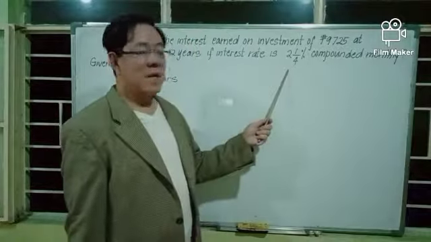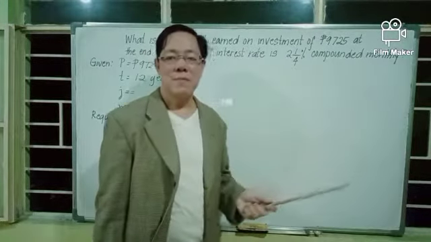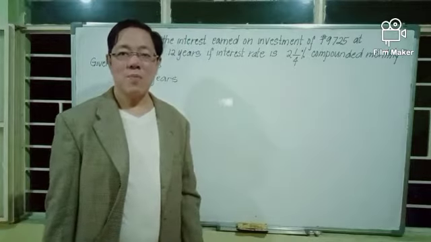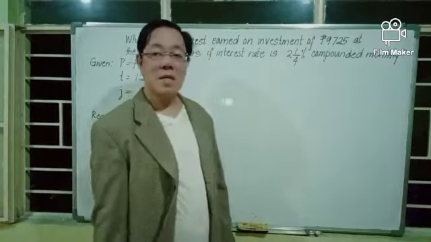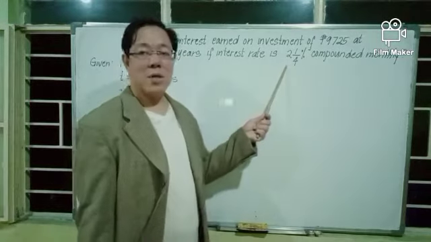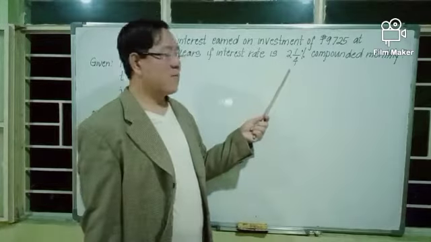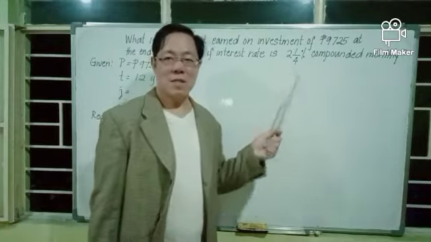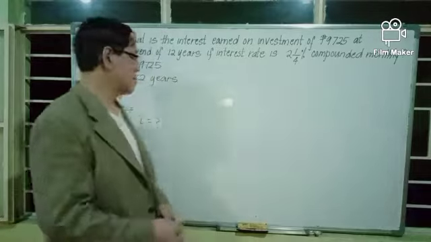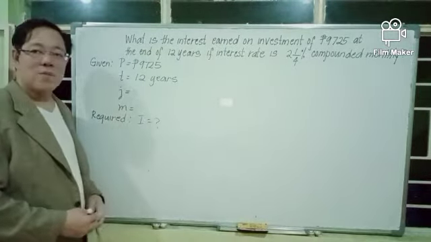The problem specifies that this interest rate is compounded monthly, which means that the interest will be computed 12 times a year or every month at the rate of 2 1/4% per year. 2 1/4% is our J, the compound interest rate.